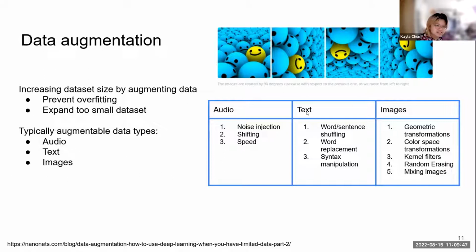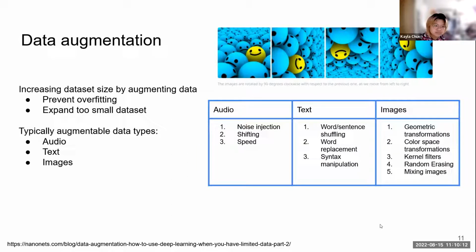Here are some good examples of how you would augment these 3 types. For audio, you can add noise, change shift and speed. For text, you can move the words around. And for images, you can do all kinds of geometric and color transformations, and also add noise.